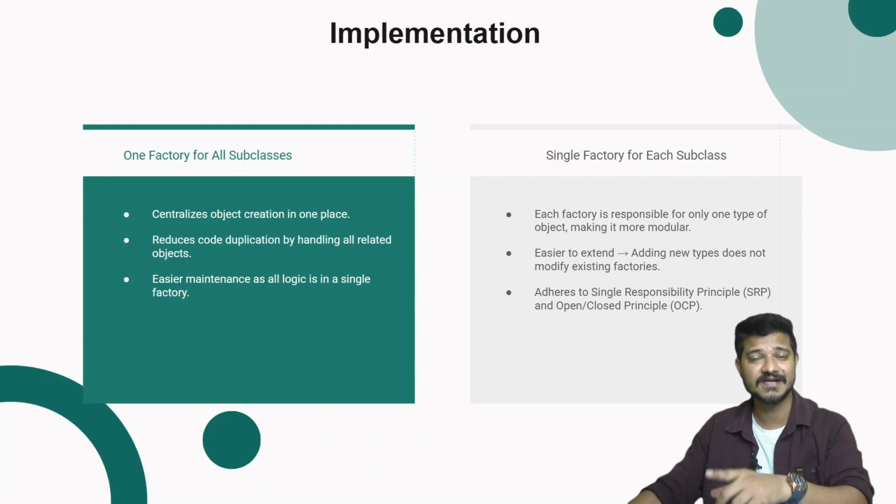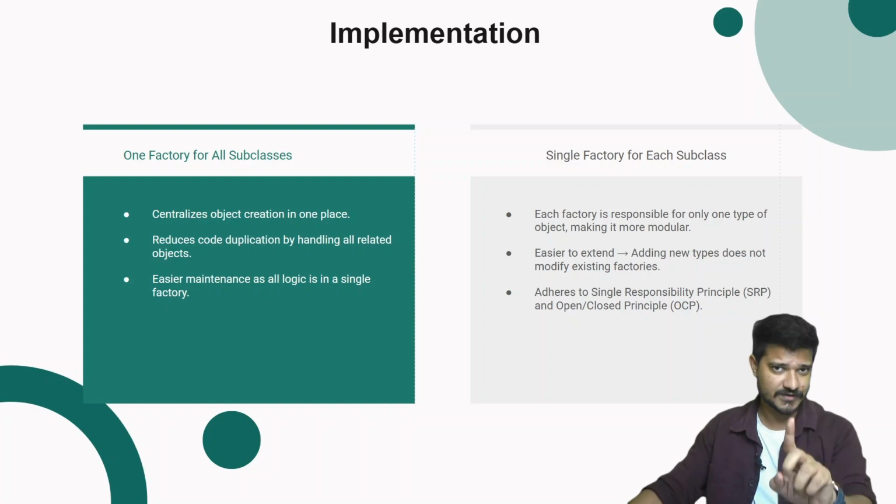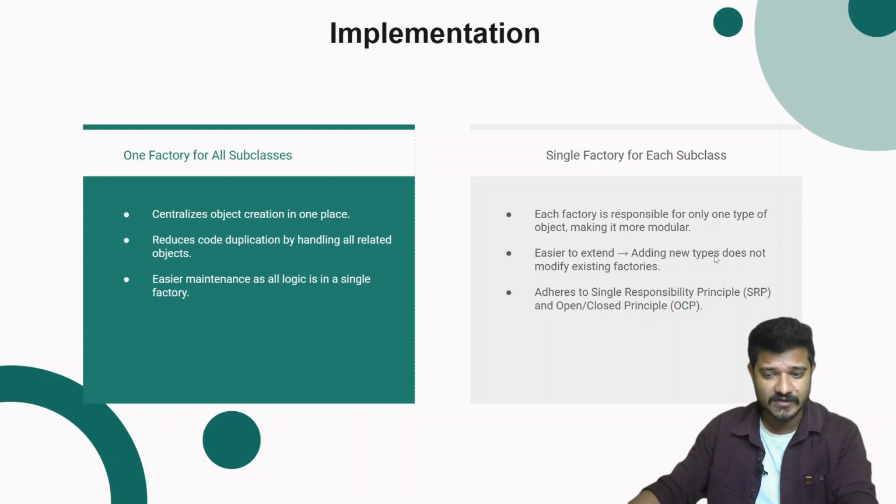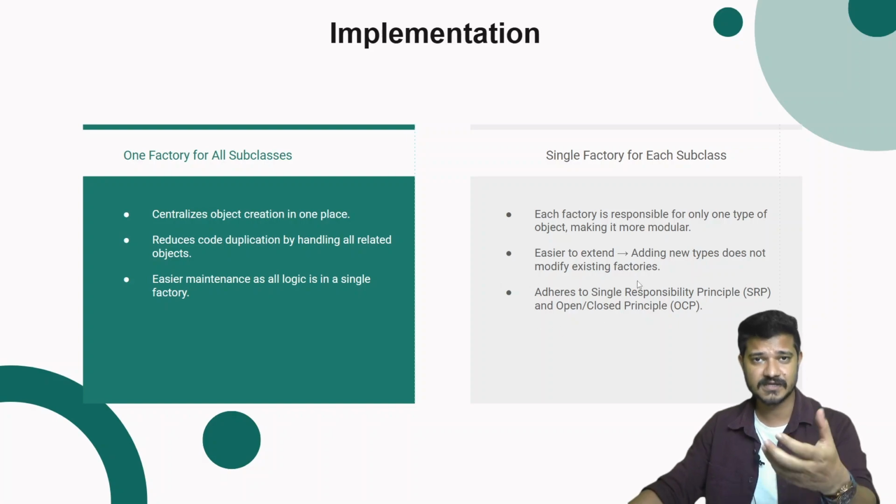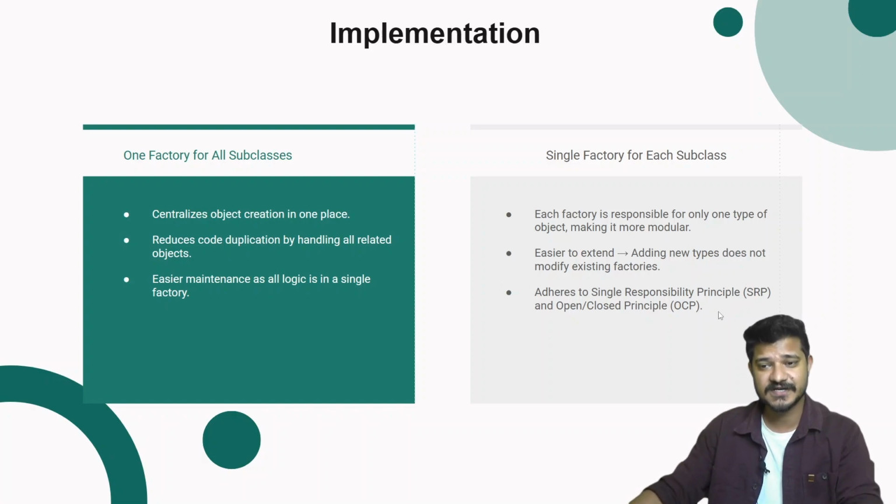That means each factory has the responsibility of creating only a single object, which was not true here. So this comes from the SOLID principles, S of SOLID, SRP, single responsibility principle, and also the open close principle, right?